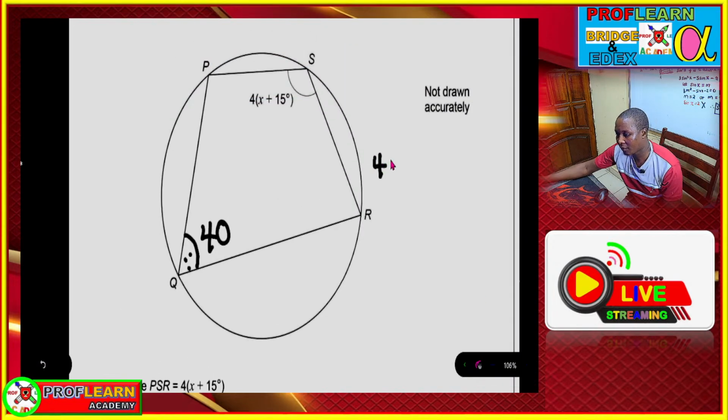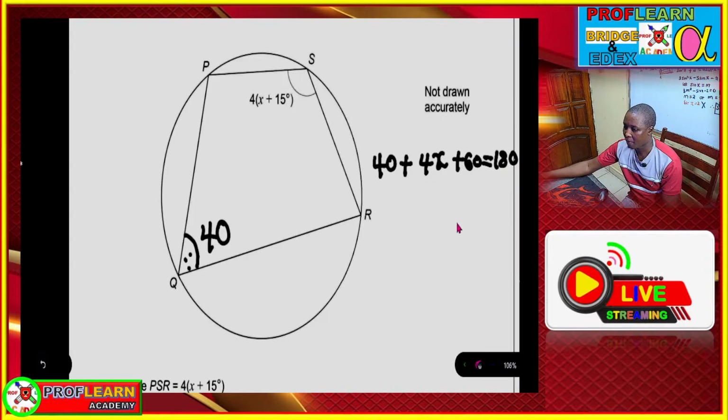So we say that 40 plus 4x plus 60 is equals to 180 degrees.